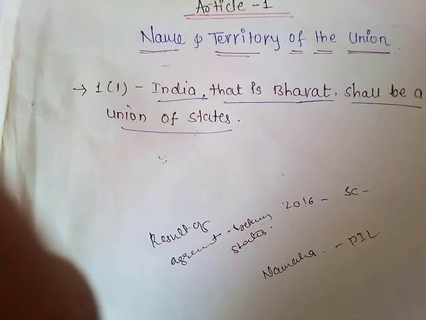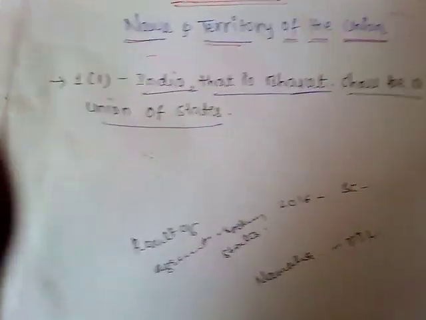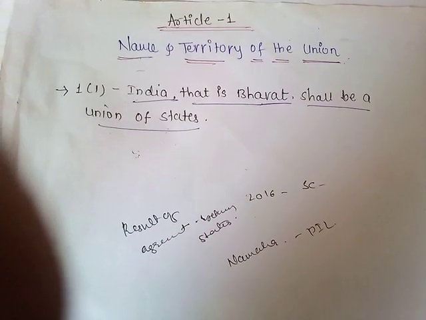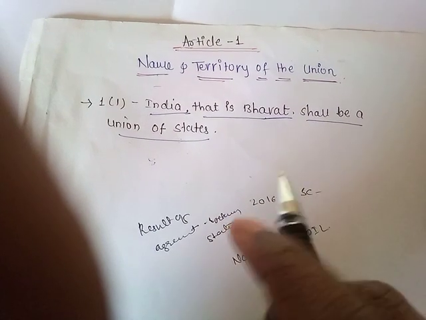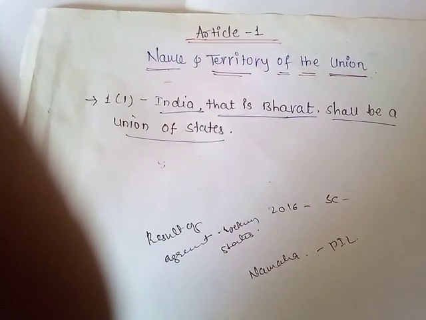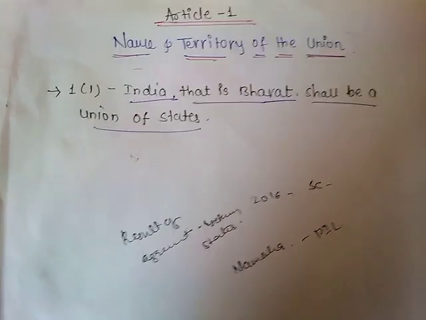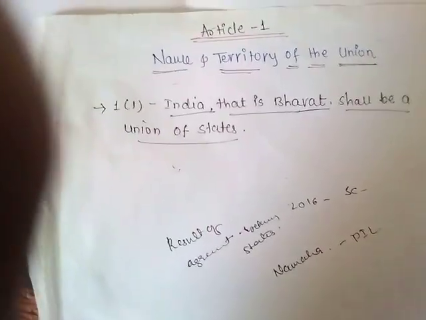Dr. B.R. Ambedkar said, because India was not created before independence, India was there in the form of princely states. India was already there. Yes, there were these princely states.